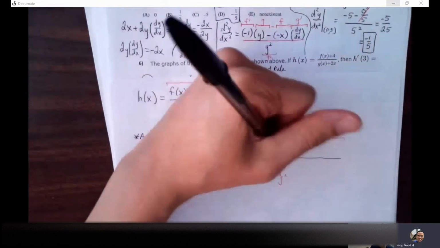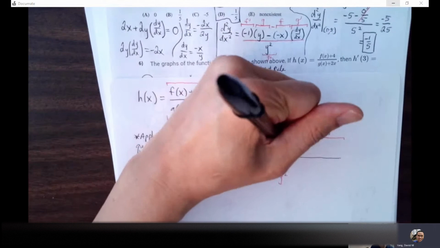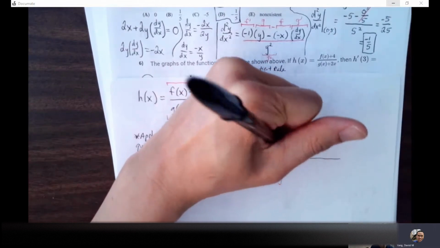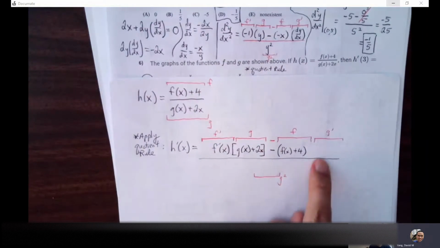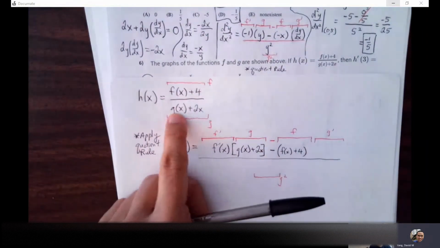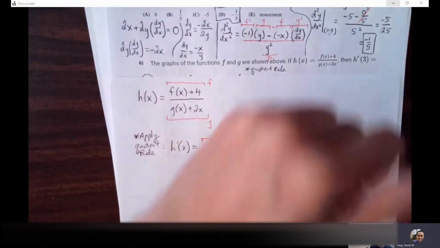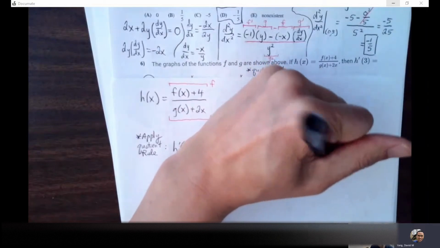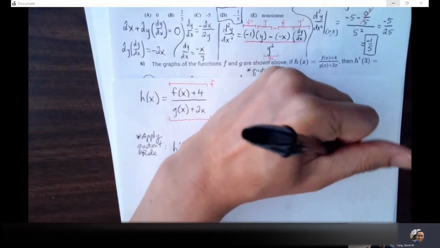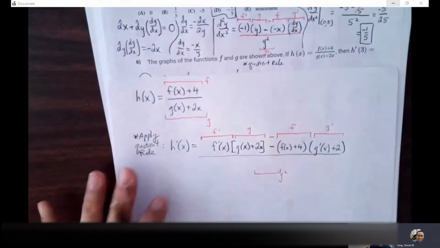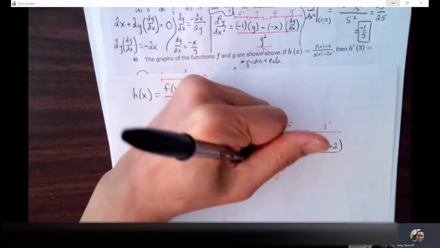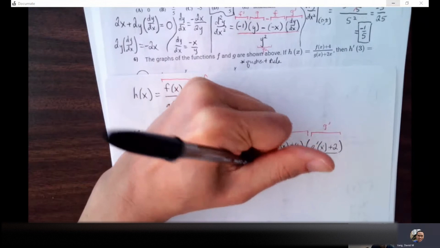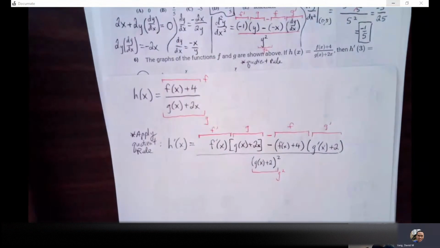Back to f. g prime, the derivative of my denominator, so g becomes g prime, 2x becomes 2. All over my denominator squared. All right, so there's my full derivative.